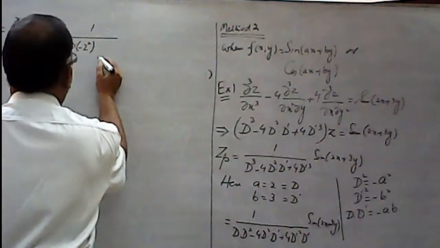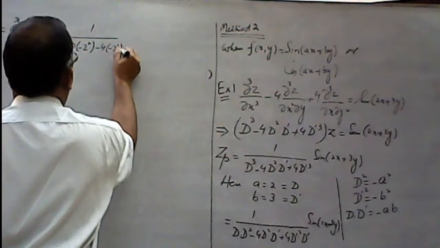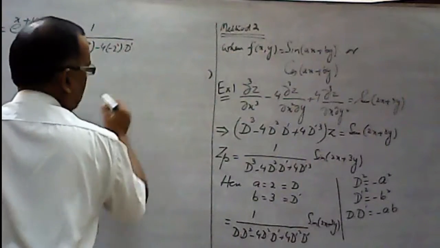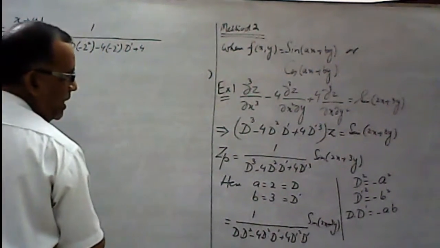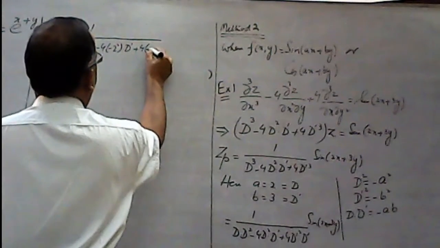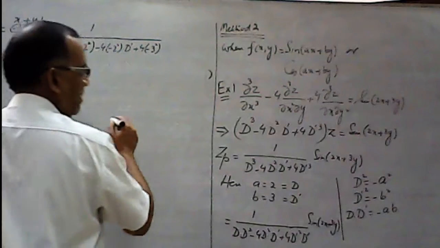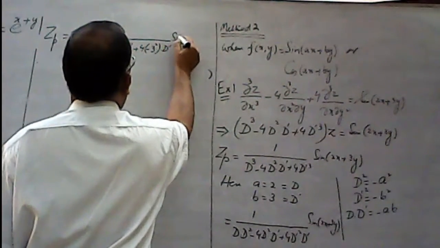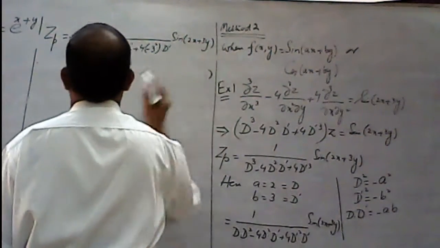Then secondly, minus 4D squared means minus a squared, then into D dash, then plus 4 D dash squared means minus b squared, b is 3, into D dash. So now we have sin(2x+3y).